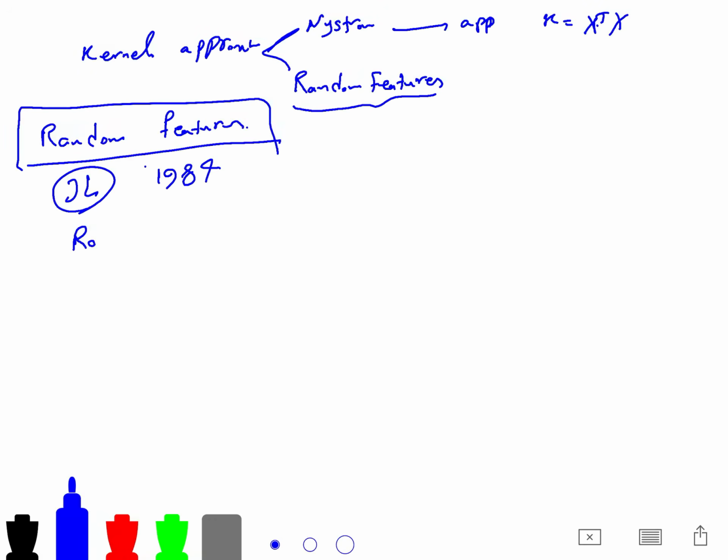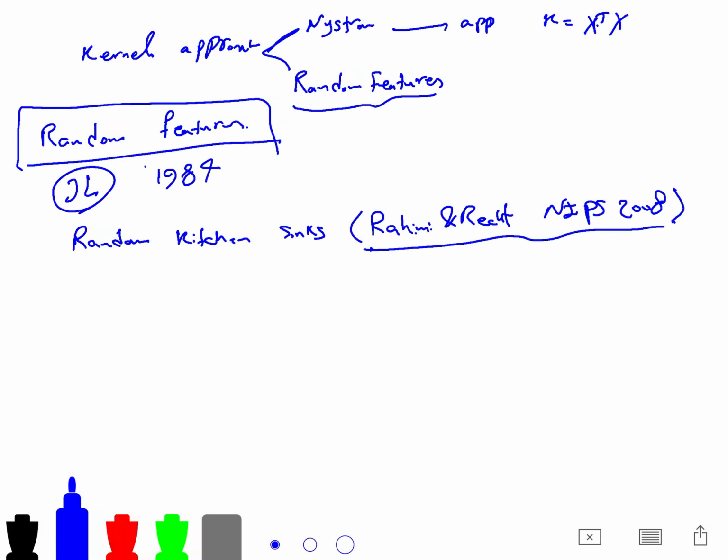It was first described in Random Kitchen Sinks by Rahimi and Recht, NIPS 2008, a very simple, very important and very well cited article. And this article and the Fastfood article by Le et al. in 2013 are very important.